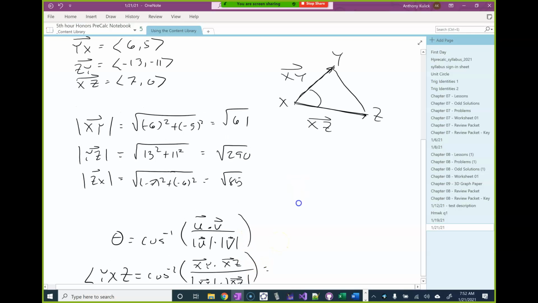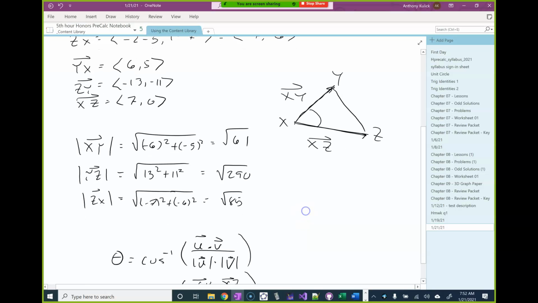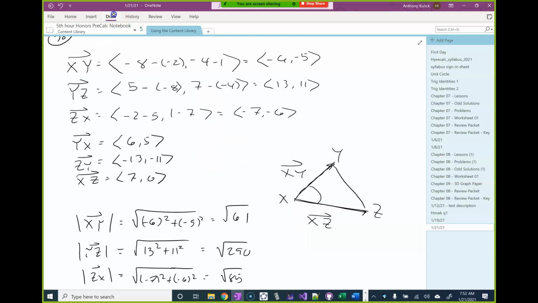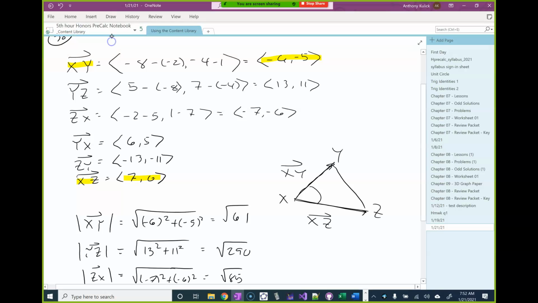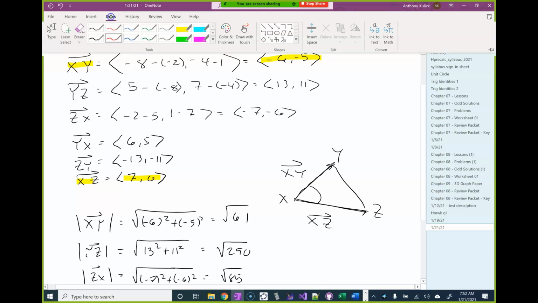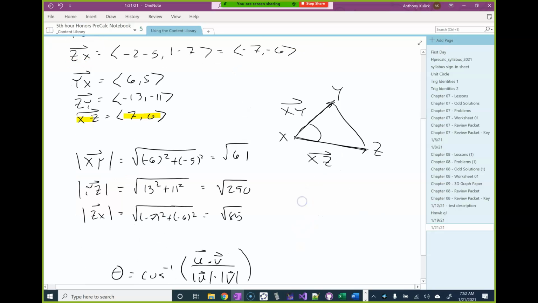So xy is -6, -5. And then xz is 7, 6. So 7 times -6 is -42, plus 6 times -5 is -30. So that's -72, I think, right? 42 and 30, yeah.